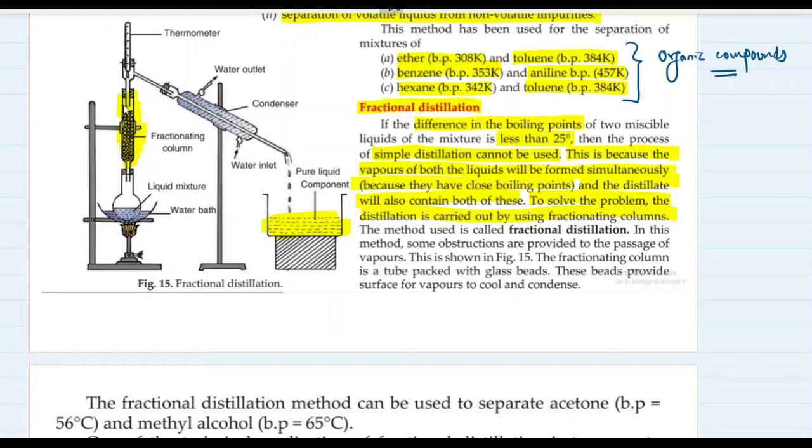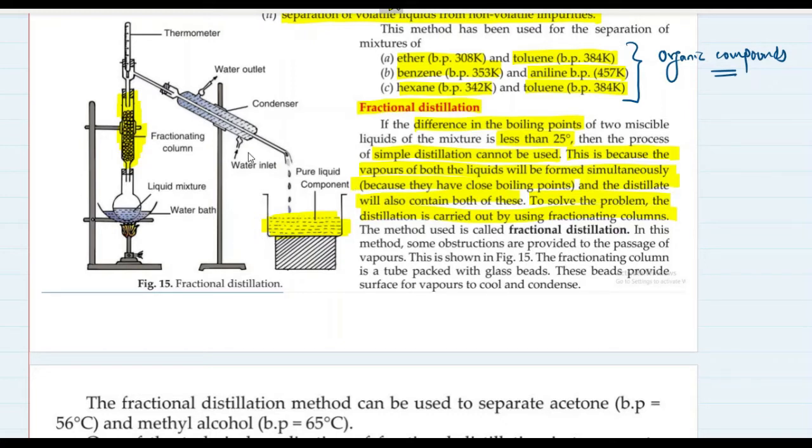In that hole, a delivery tube is connected. The mouth of the delivery tube opens into a condenser, and through this condenser, the vapors condense and they are collected in a receiver.